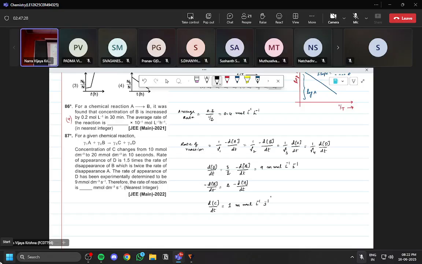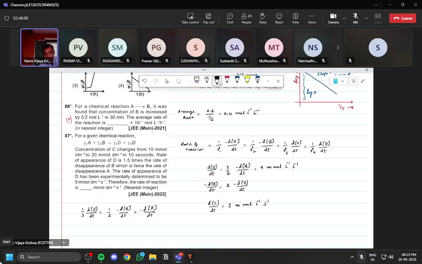Simply observe this. Bring this 3 to this side. What do you get? 1 by 3 dD by dt is equal to 1 by 2 minus dB by dt. Correct, sir? Is equal to, bring this 2 to this side, minus dA by dt.